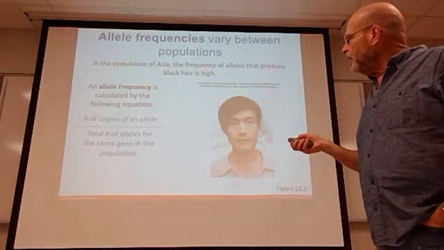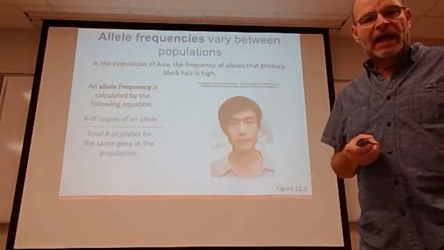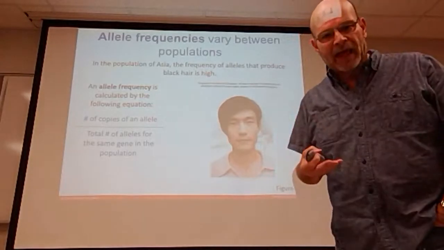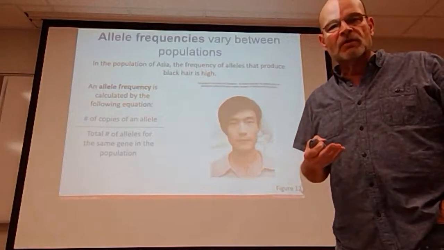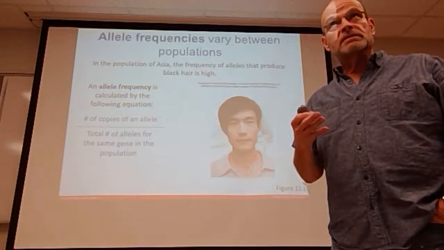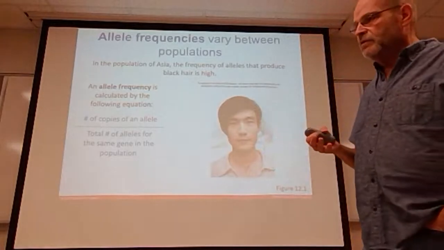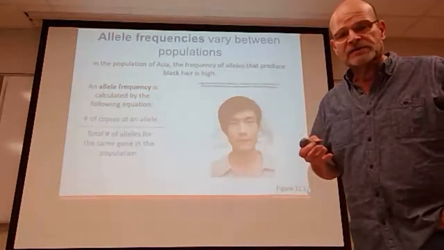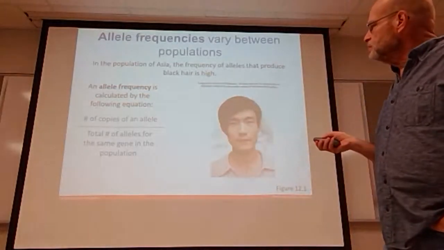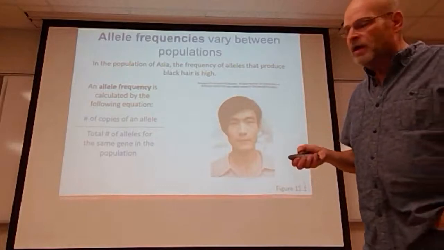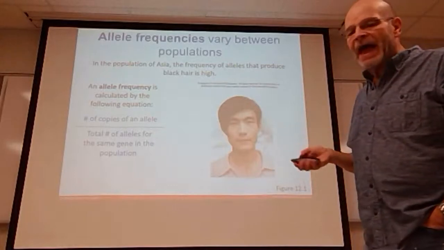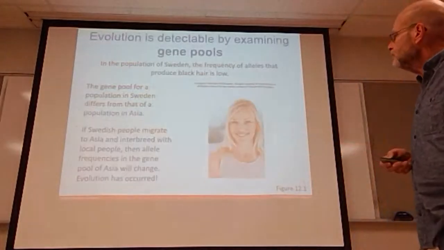However, if there is 5.99 billion black hair alleles, that means there's only going to be 0.001 billion, which would be what? Would that be 1,000? Alleles for light hair. So the allele frequency of that would be very low.